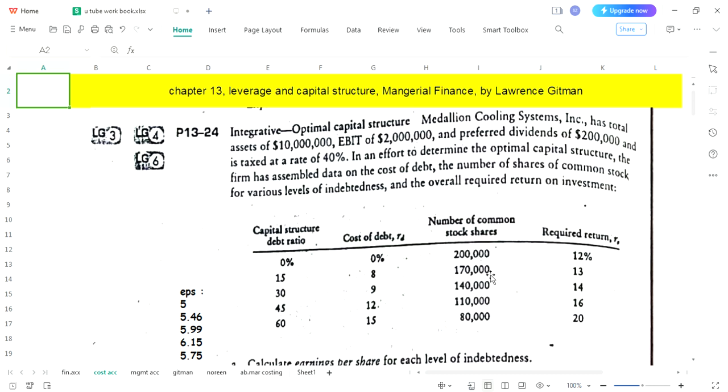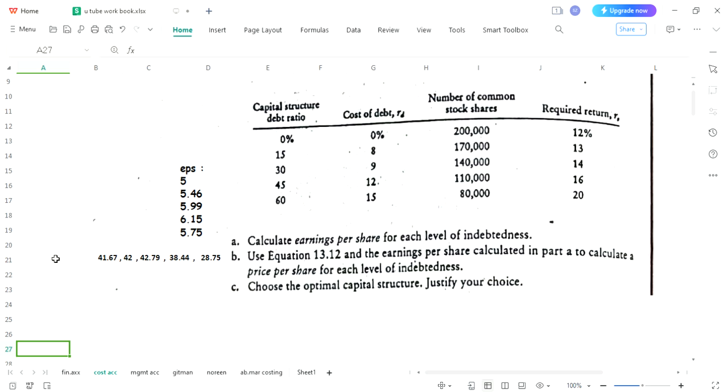Here we need to create different income statements related to these different capital structures. There are two ways to complete it. One, we can use horizontal space, where we will make 1, 2, 3, 4, 5 different statements with single particulars.